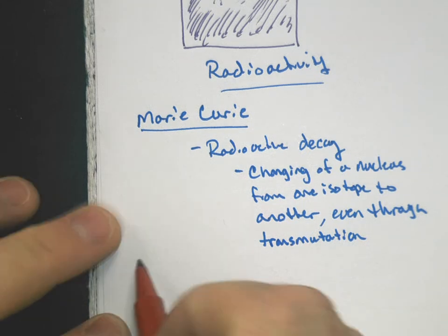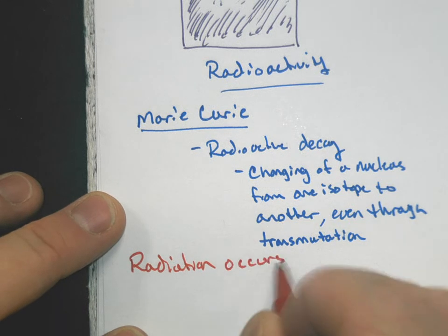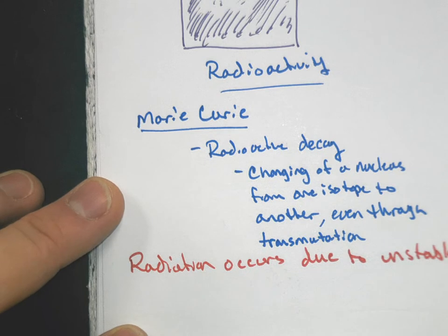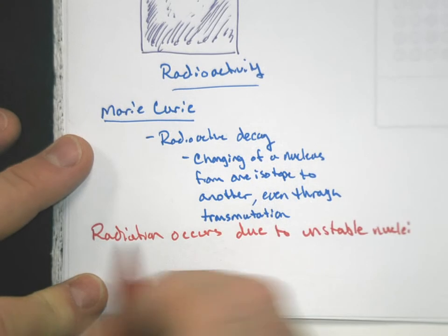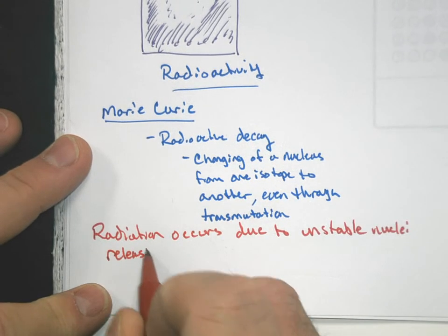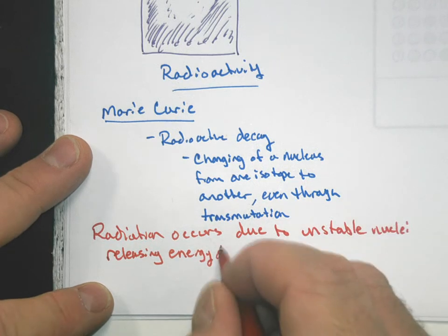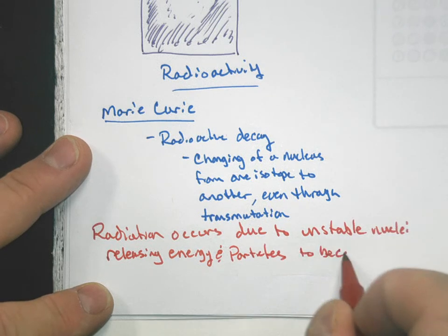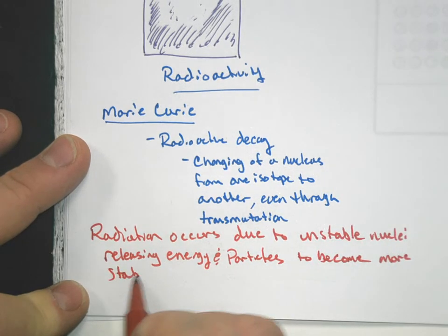So radiation occurs due to unstable nuclei releasing energy and particles to become more stable.